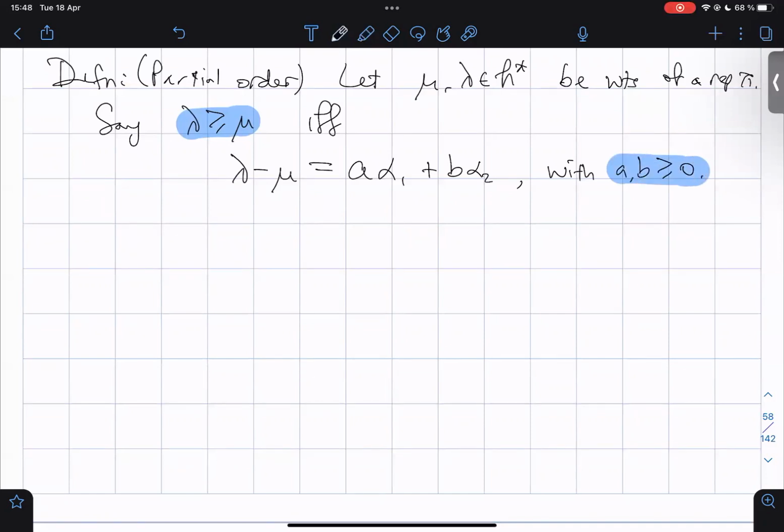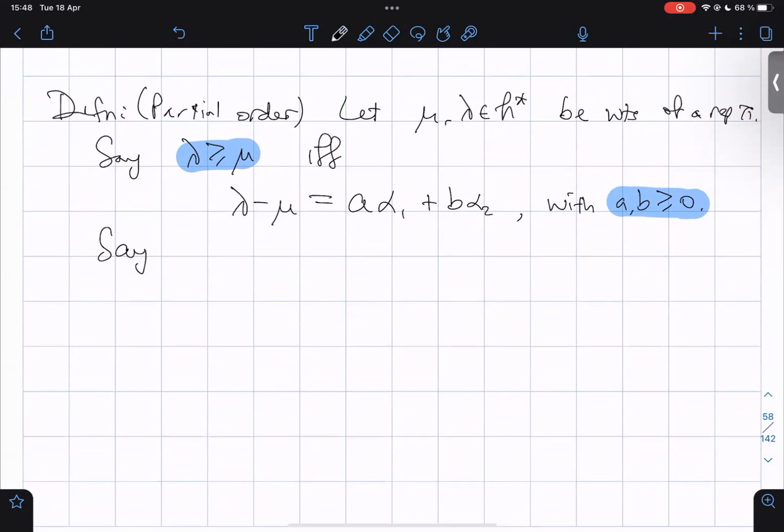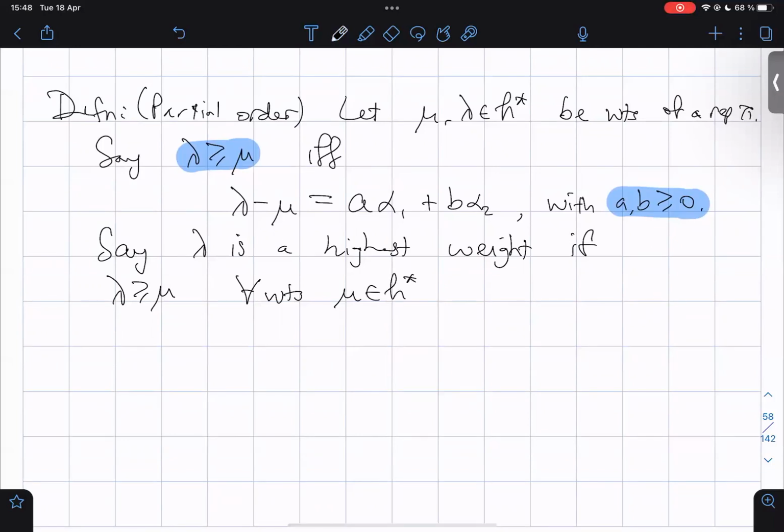And then we're going to say lambda is highest weight if lambda is greater than or equal to mu for all weights mu of this representation. Okay, reasonable definition of highest weight.